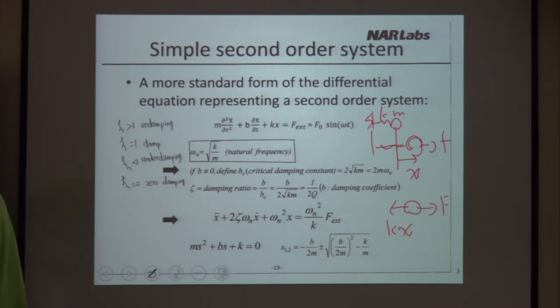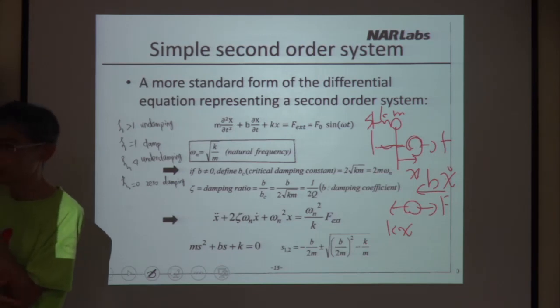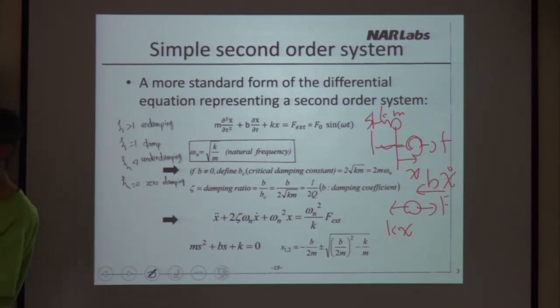So you have the friction force from air. So we can use B times velocity. This is the model we use to model the resistance force from air.